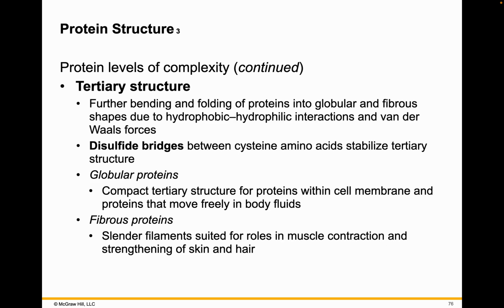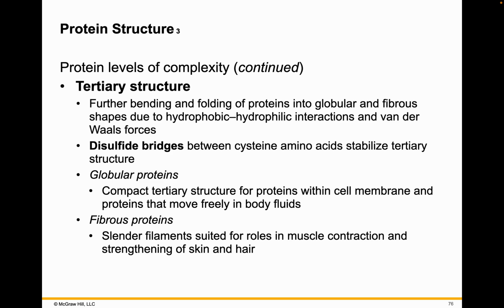The total conformation of that single protein molecule is known as its tertiary structure. That is the 3-dimensional shape that you get by folding and bending the secondary structure and primary structure into its final three-dimensional shape.